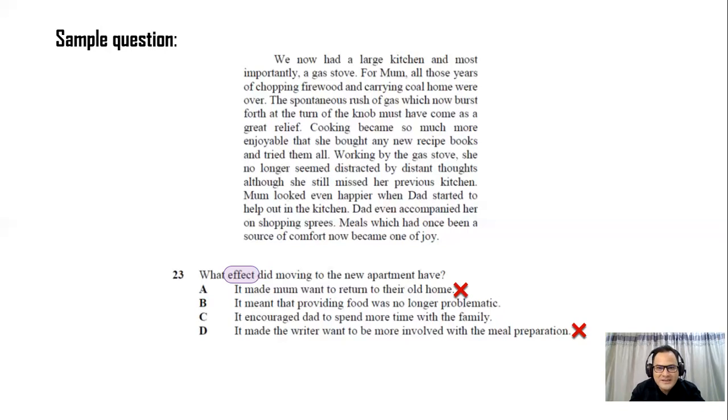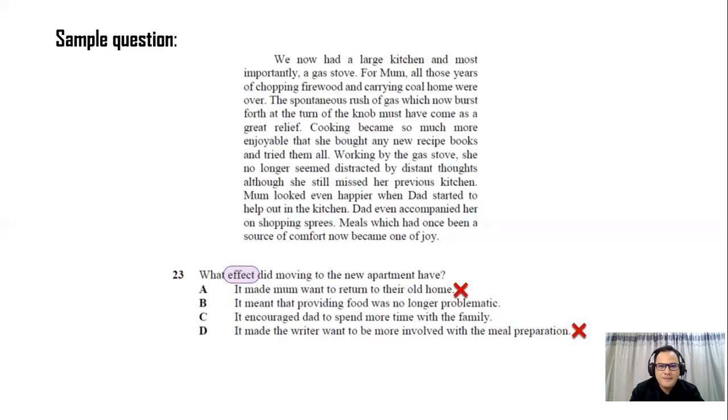Working by the gas stove, she no longer seemed distracted by distant thoughts, although she still missed her previous kitchen. Mom looked even happier when Dad started to help out in the kitchen. Dad even accompanied her on shopping sprees. Meals, which had once been a source of comfort, now became one of joy.